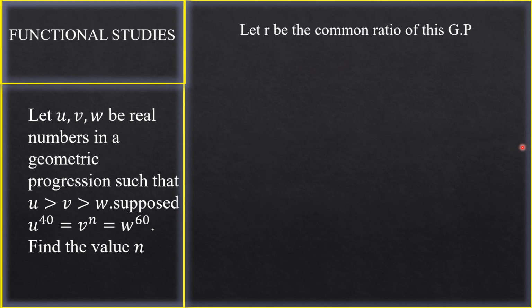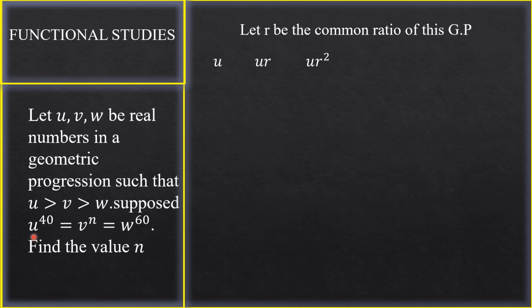Since my first term is U, to move to the next term in the progression, I'll have to multiply the previous term by R. So my next term will be U times R. To move to the next term, I multiply by R again, so I have UR times R, which is UR squared. This is my U, this is my V, and this is my W in that order.